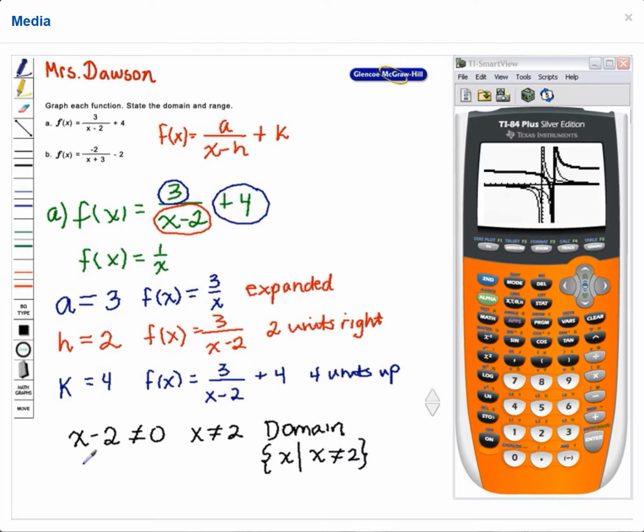For the range, notice that because 3 over x minus 2 cannot be equal to 0, then the entire function cannot be equal to 4. So the range would be all values of f of x such that f of x does not equal 4.